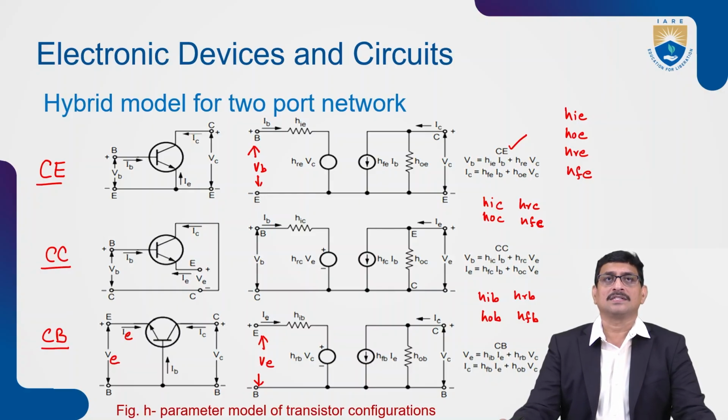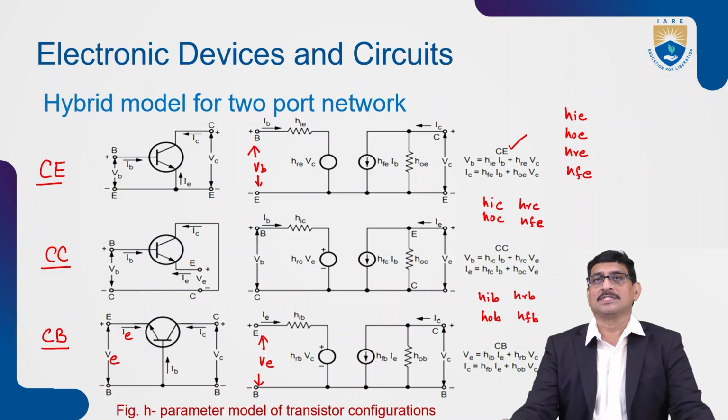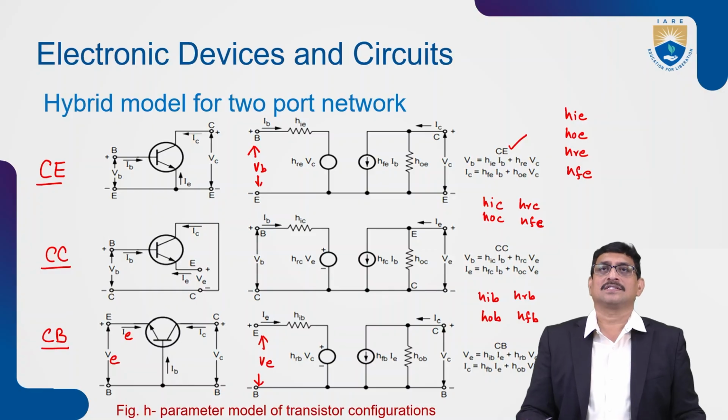Again, by taking the transistor in common emitter, common collector and common base configurations, we learned how to draw the H parameter model of each by representing the H parameters of CE, CC and CB. That's what we learned in this session.